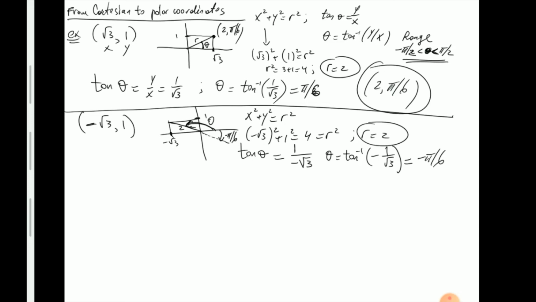This is your actual theta. So from minus pi over 6, you need to add pi to reach that point. Minus pi over 6 plus pi is 5 pi over 6, because it's on the same line but opposite to it. So this point in polar coordinates is given by 2, 5 pi over 6.